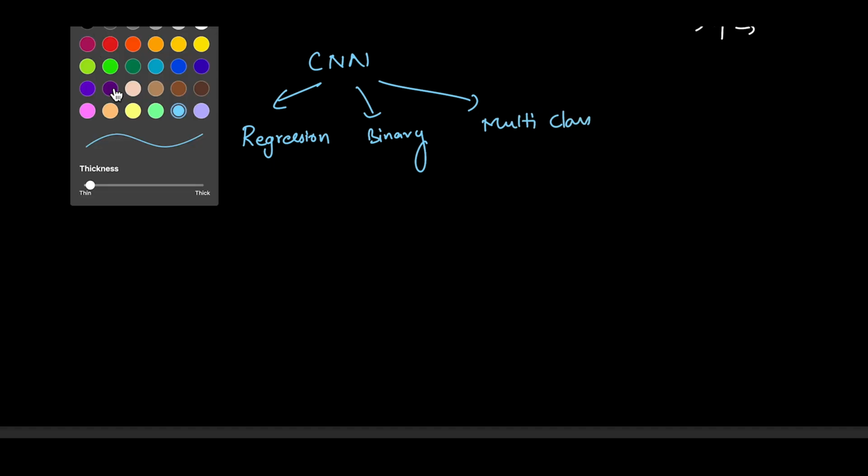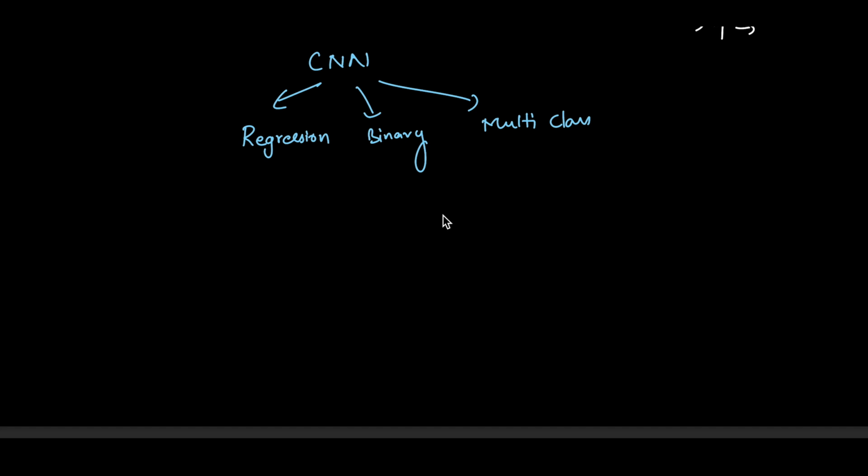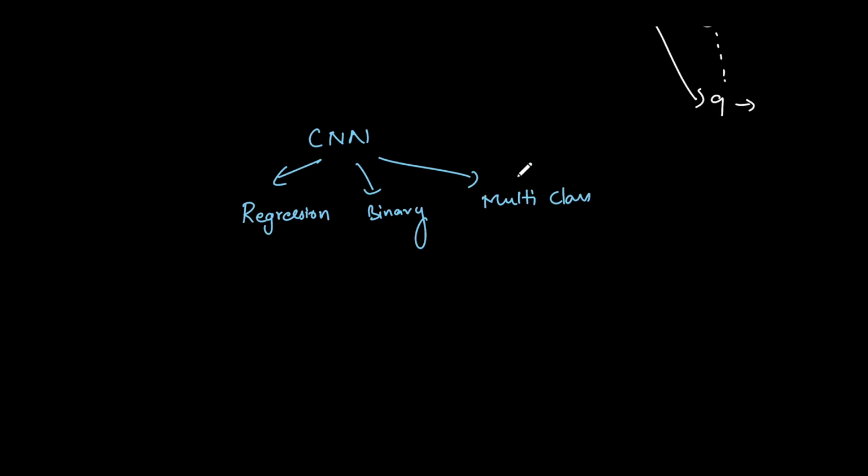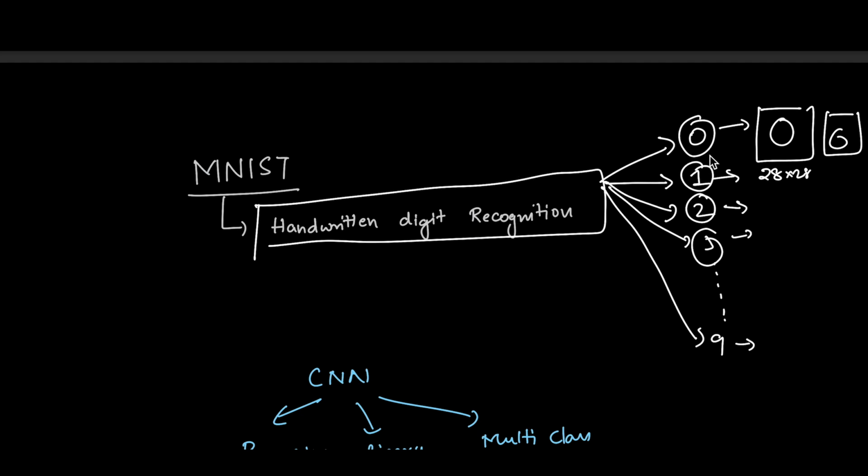Now, my question is, what kind of problem do we have here? Will this MNIST problem come under regression, binary classification, or multi-class classification? Please comment your answer in the comment section before checking the answer. Basically, it is a multi-class classification problem. Why is that? Because we have 10 separate classes clearly over here.